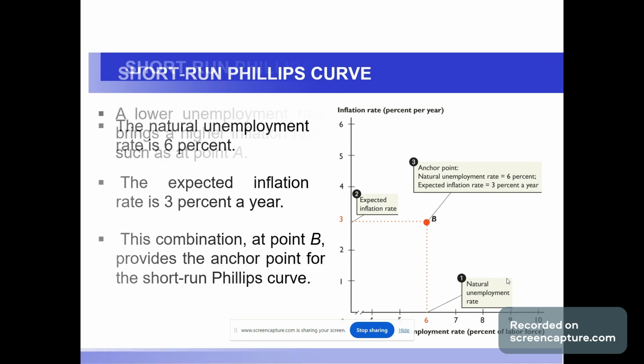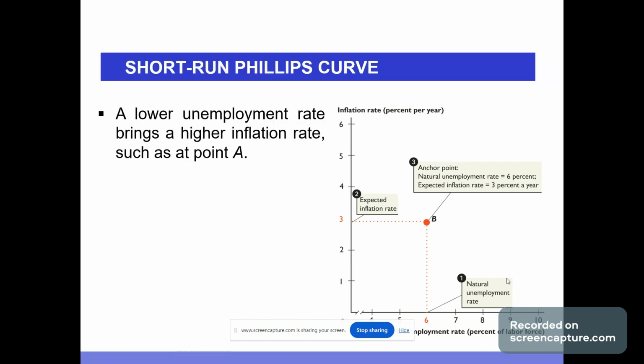Suppose there is a reduction in the unemployment rate from 6 to 5%. Then what will happen? It means that an additional 1% of the labor force got employment in the economy, and because of that they have purchasing power.